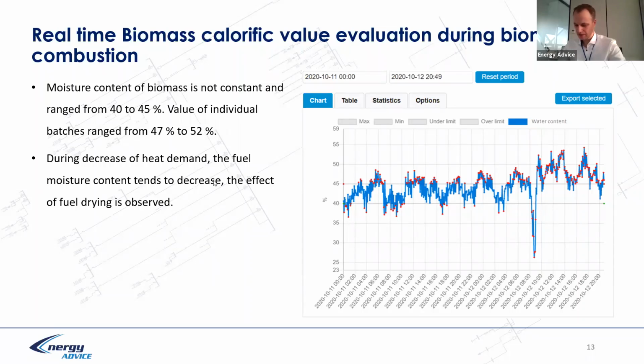But in general, we don't optimize because there is no need. We just keep the temperature quite high, as recommended by the boiler manufacturer.